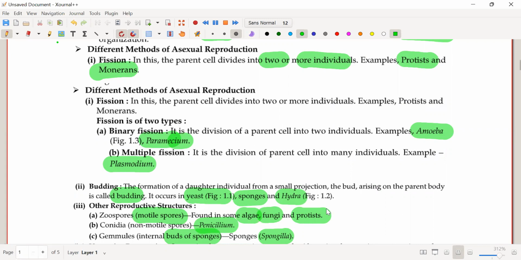Hope you completed the first part. Next, go through this one.